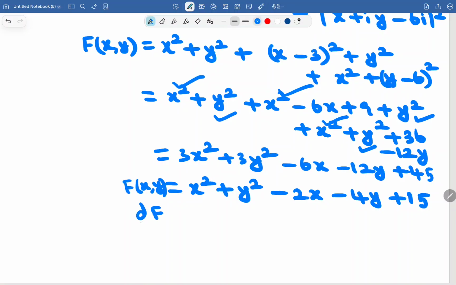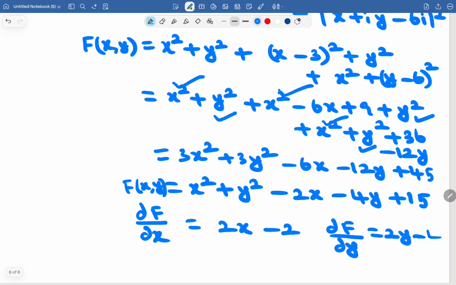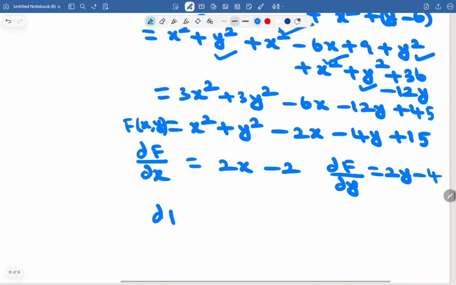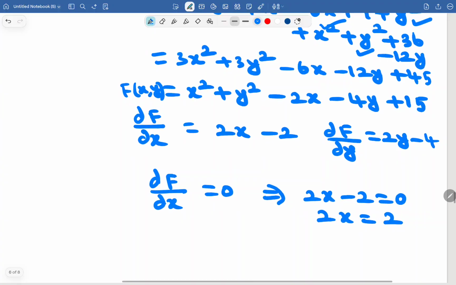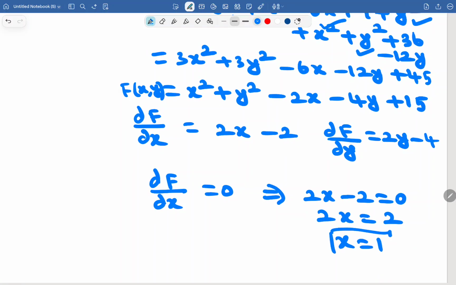Find dou f by dou x: 2x minus 2. Dou f by dou y: 2y minus 4. Equate dou f by dou x to 0, which implies 2x minus 2 is equal to 0, 2x equal to 2, x equal to 1.